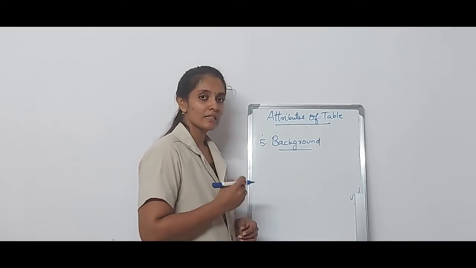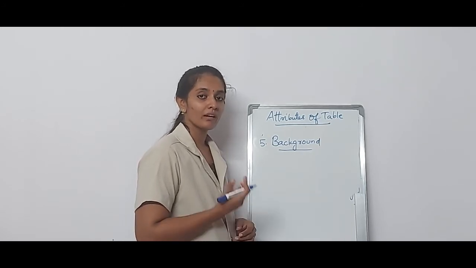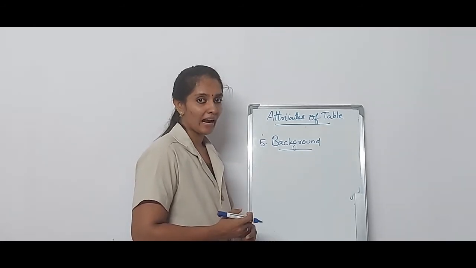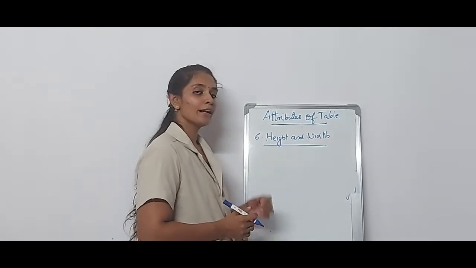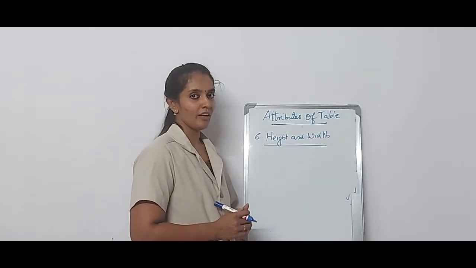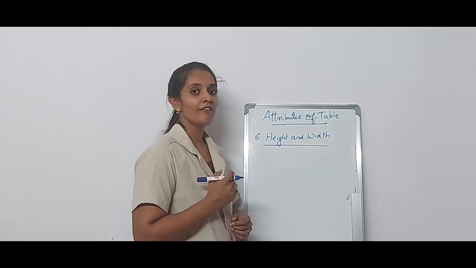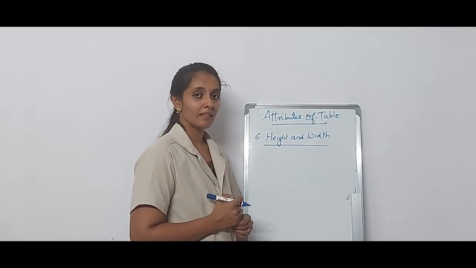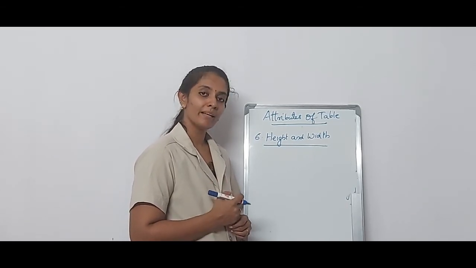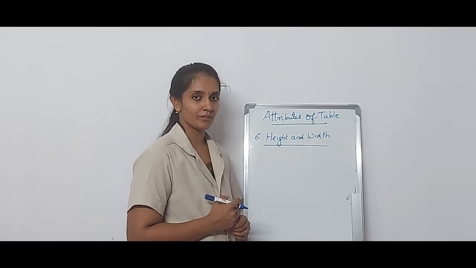If you want to set the background of your table with an image or a file, then you can use the background attribute. Next attribute is height and width. Using this attribute, we can set the height and width of a table. This height and width of the table can be represented by using pixels or percentage.